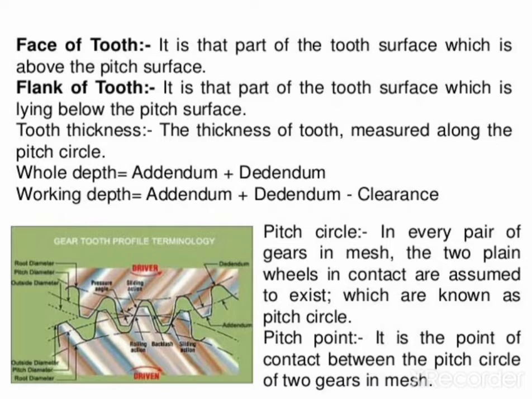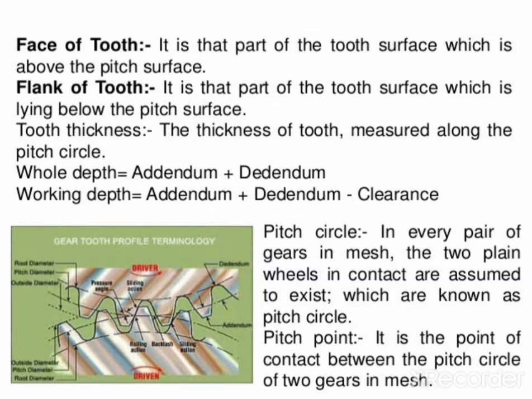It is the pitch circle. What is the pitch circle? When gear sets are visualized as a pair of smooth contacting discs, then the pitch circles of the gears correspond to the diameter of both discs. For example, in every pair of gears in mesh, two circles representing two plane wheels in contact are always assumed to exist, and this is the pitch circle.